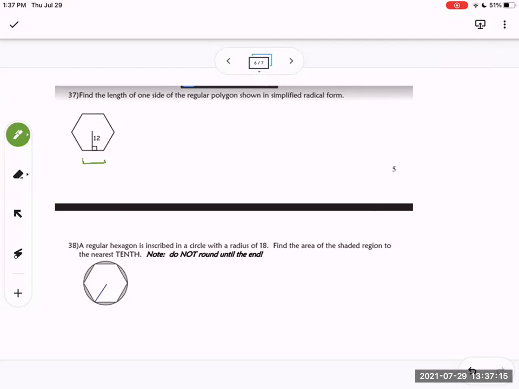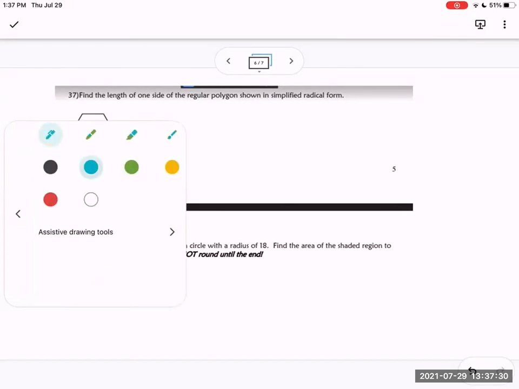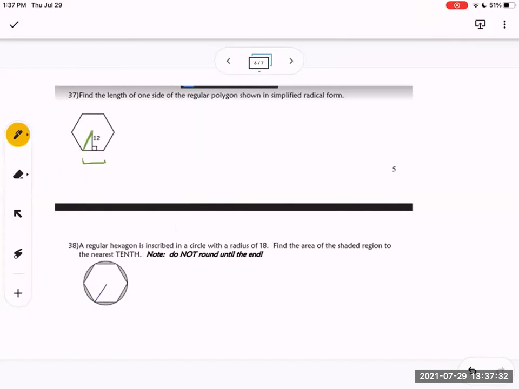All right, so we can find the angle. So what I'm going to do is draw in all of these lines. They're not radiuses because it's not a circle, but you get the idea.